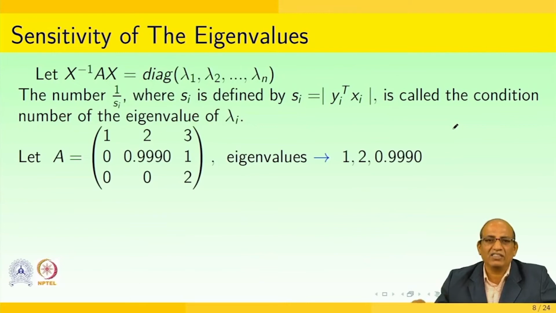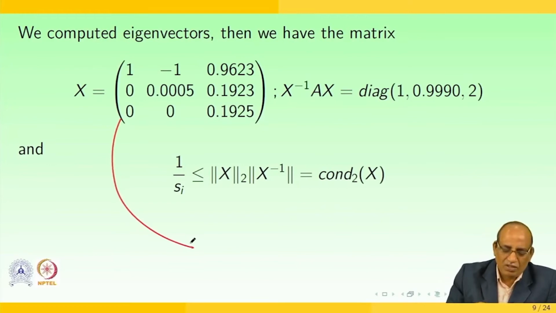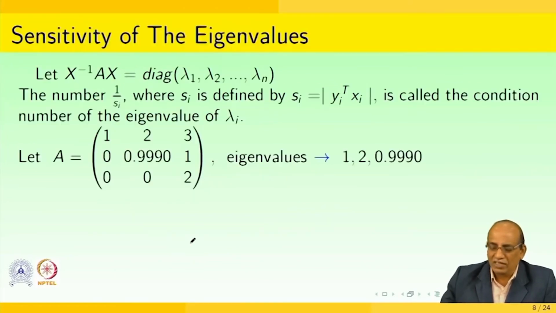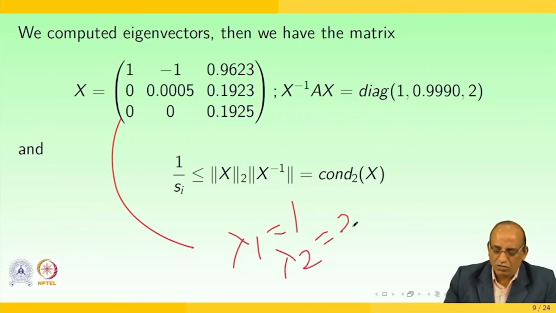Well, having had this definition, next we compute eigenvectors corresponding to the eigenvalues. When you compute these eigenvectors, look here. Previously we said they are 1, 2, 0.999. That means lambda 1 is equal to 1, lambda 2 is equal to 2, lambda 3 is equal to 0.999.